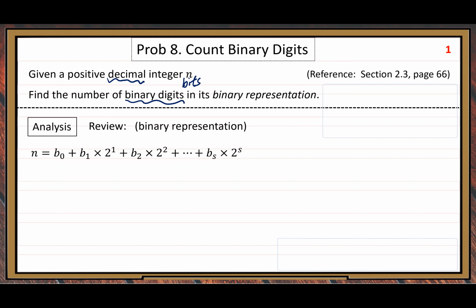V0, the least significant bit. V sub s, the most significant bit. All right, so that's the standard form. Obviously, V sub s cannot be 0. Otherwise, we reduce s by 1.